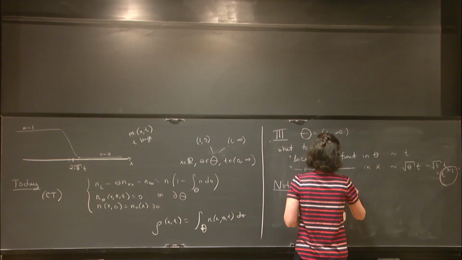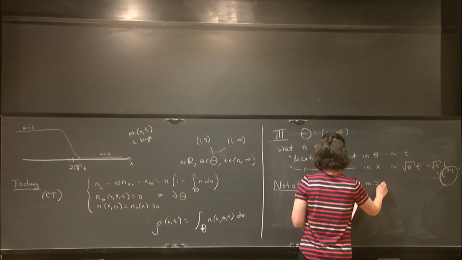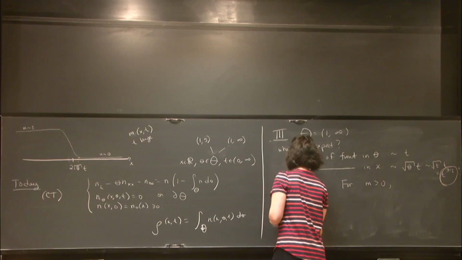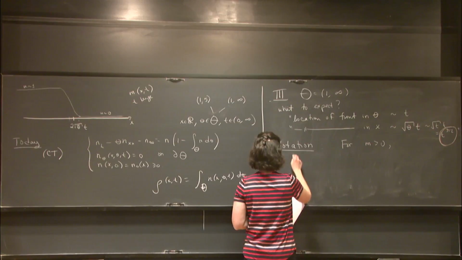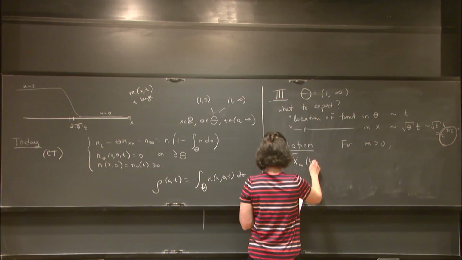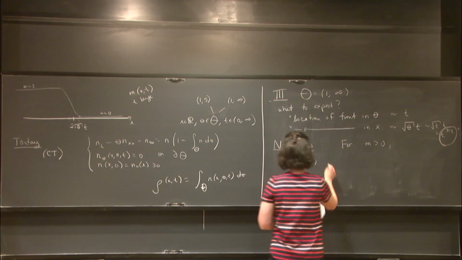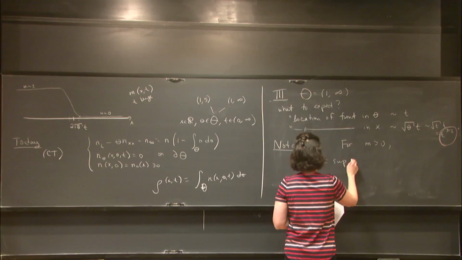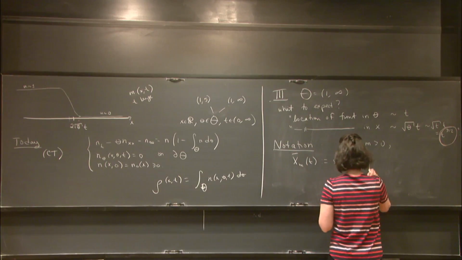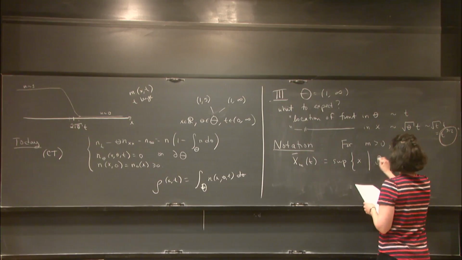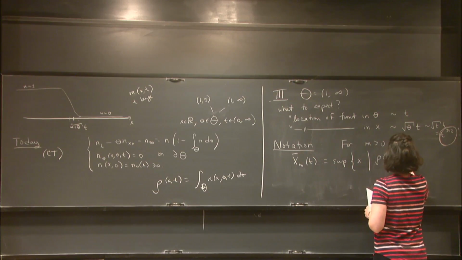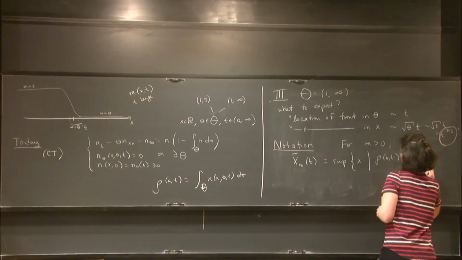So here's how I'll keep track of the fronts in this situation. For a positive number m, I'm going to use x bar m of t to denote the largest x such that rho is bigger than m.